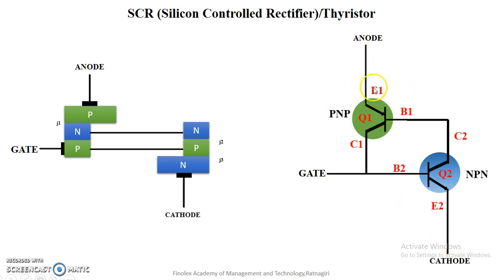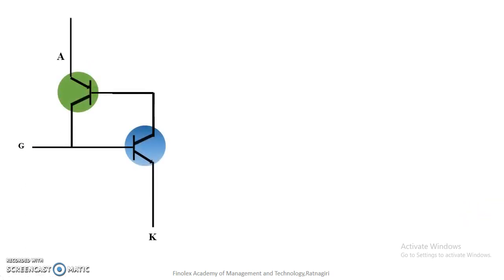These are the terminals of transistor 1: emitter, base, collector, and this is the collector, base, emitter for the NPN transistor. So we'll see how this model acts.